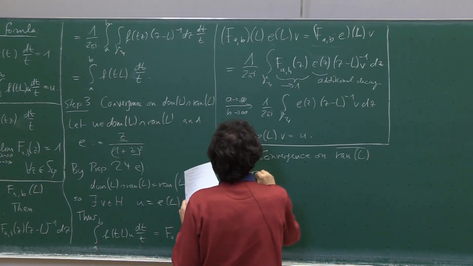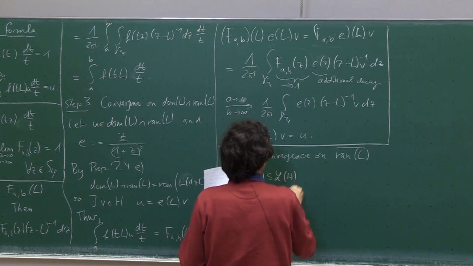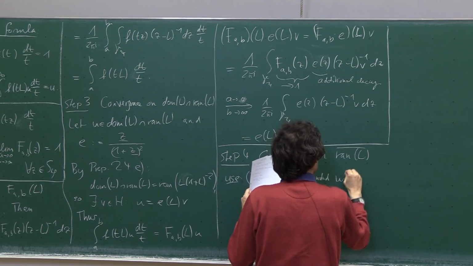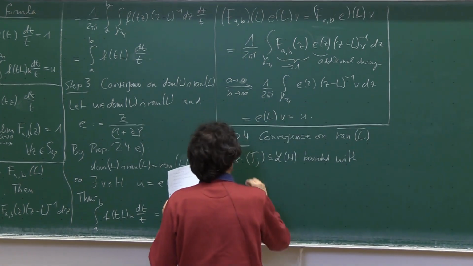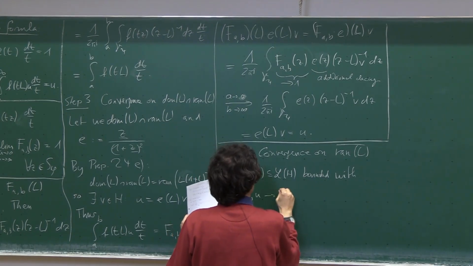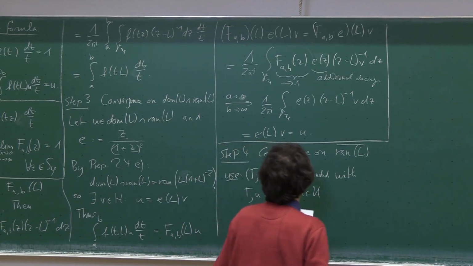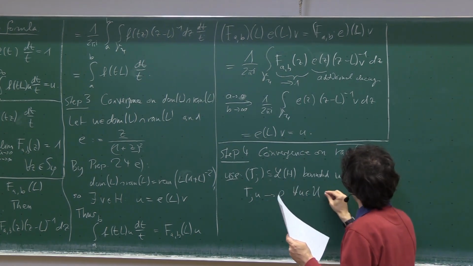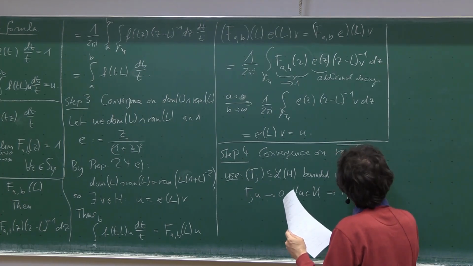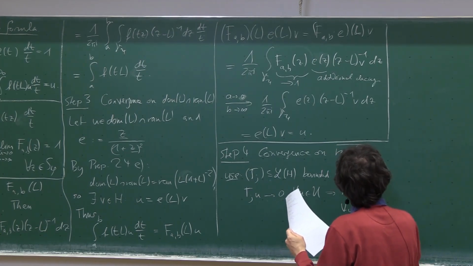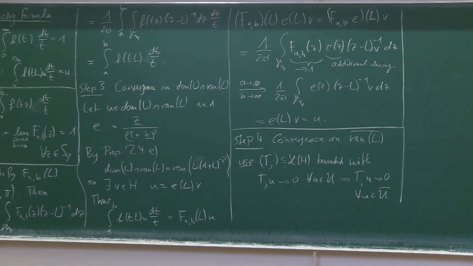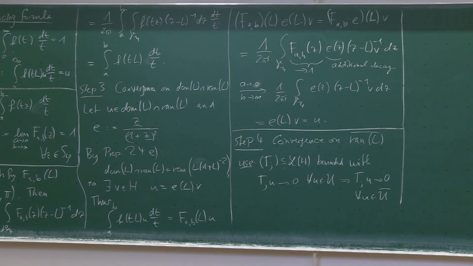General thing: if you have a sequence of bounded operators, and this sequence is bounded, such that for some subset U of H you get T_j u goes to 0 for all u in U. It must be a bounded set of operators and it must converge on some subset U. Then this convergence holds even on the closure of U. This is nothing more than a 2 epsilon or 3 epsilon argument, depends on how you write it down. It's just using the boundedness of the operators and smuggling in the right thing.